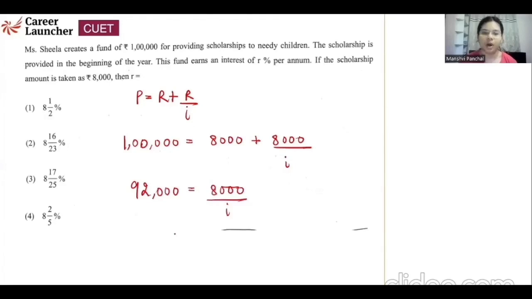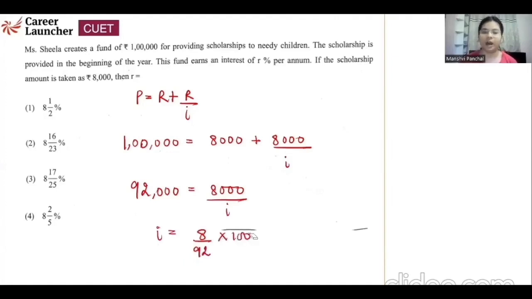So i will be 8 upon 92. I will be 8/92 into 100.